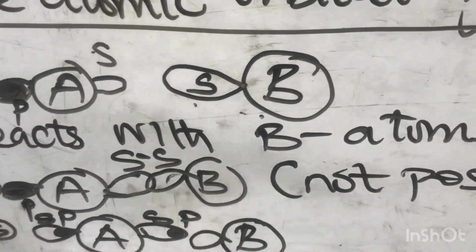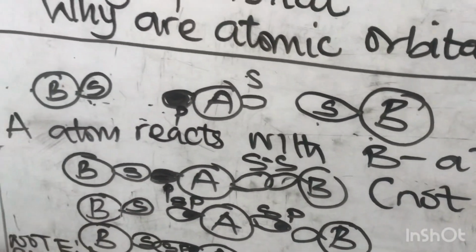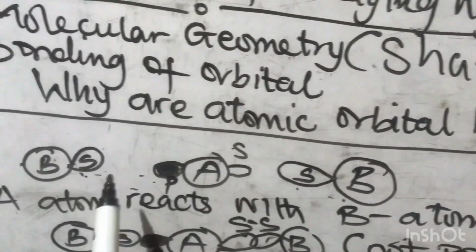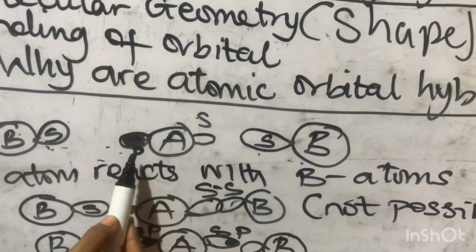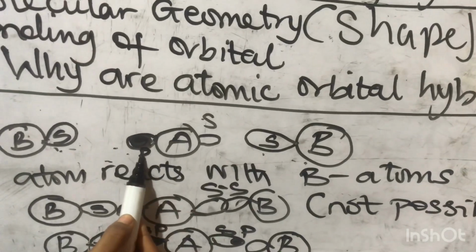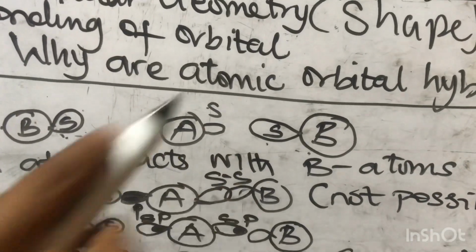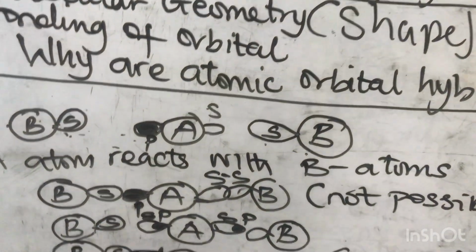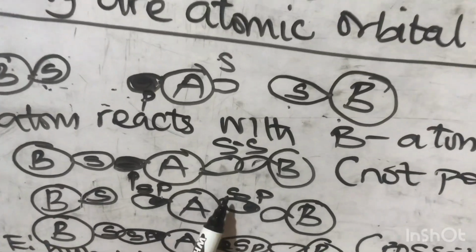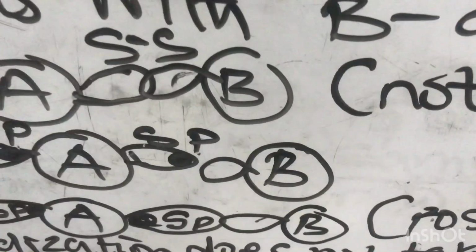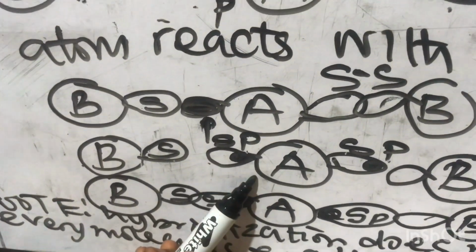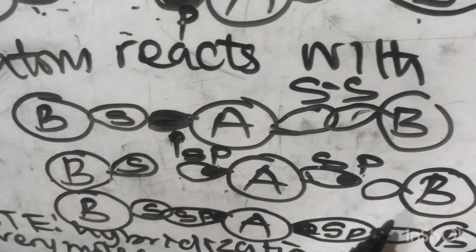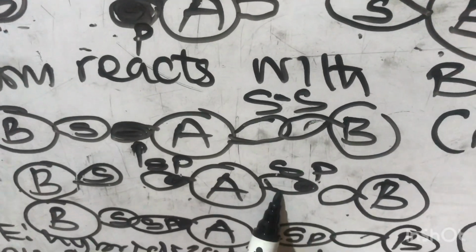The reason why it's not possible is that a particular atom cannot have two different orbitals. So we have to mix this A atom having s and p orbitals, we have to mix the s and p together first, making A having what? Sp. So then the B orbital will now react with the sp of A at the left hand side, and the B orbital here will react with what? Sp of what?